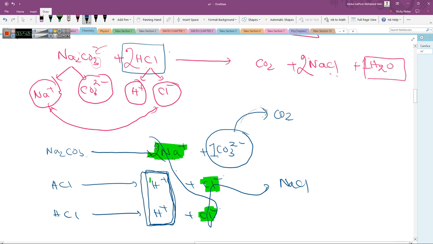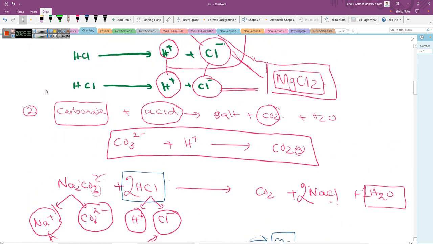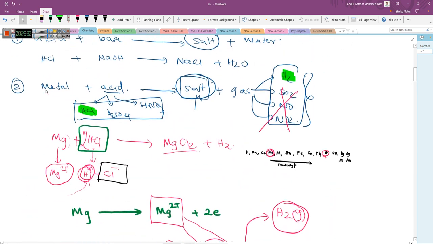In carbonate we had 3 oxygen atoms, but here we have only 2 oxygen atoms. So the number of oxygen has reduced by 1, right? So 1 oxygen is lost. This oxygen, O2 minus, will now react with these H plus and H plus and form H2O, right? H2O. Have you understood this now? Okay, so this is how this reaction happens in the reaction system.